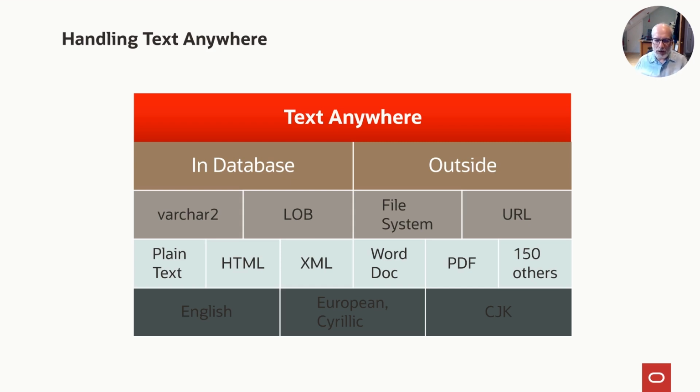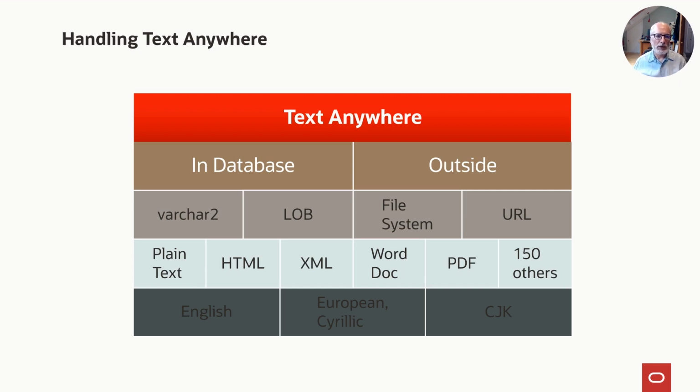We can handle space-separated languages, whether they're in the Latin character set or in Cyrillic or Thai character sets, for example. And we can also even handle pictogram languages such as Chinese, Japanese, and Korean. We have special processors called lexers for those pictogram languages.